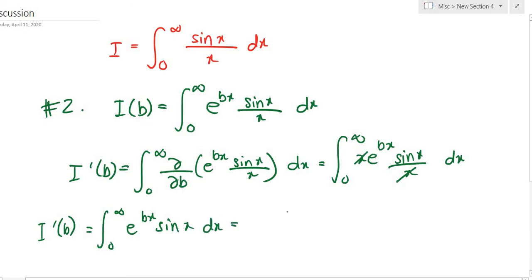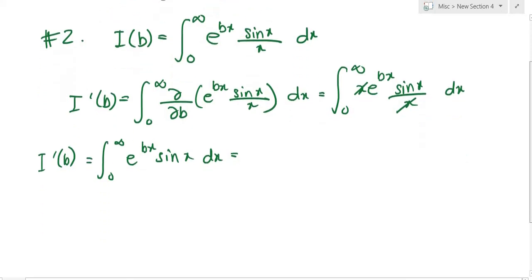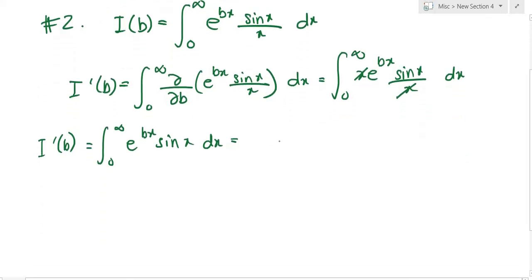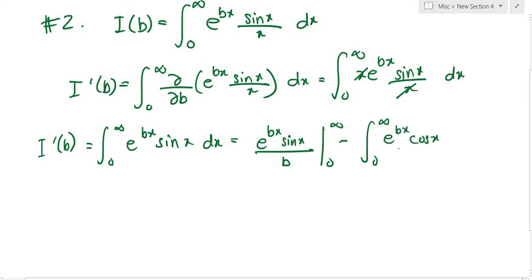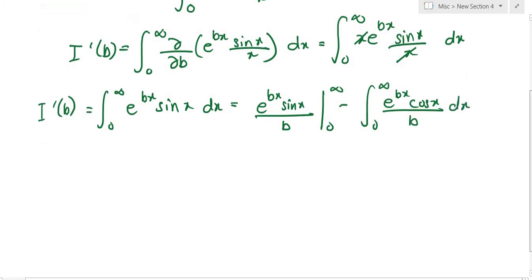Now to evaluate this, I will have to use integration by parts, and I'm not going to explain everything in this video. So let me just directly write e raised to bx times sine of x over b evaluated from 0 to infinity minus the integral from 0 to infinity e raised to bx, the derivative of sine is cosine of x over b dx.